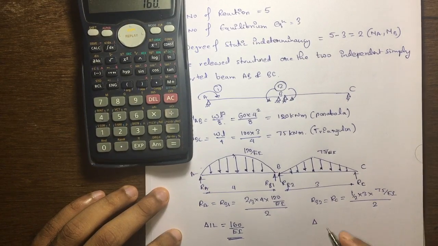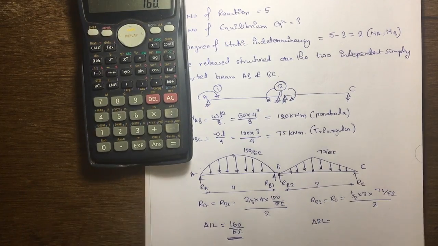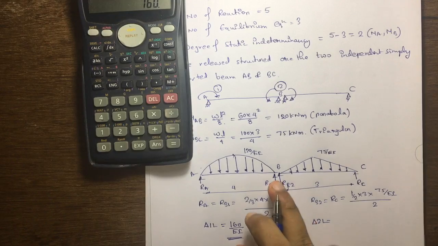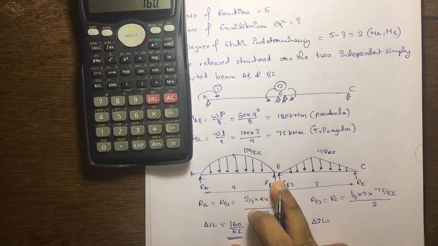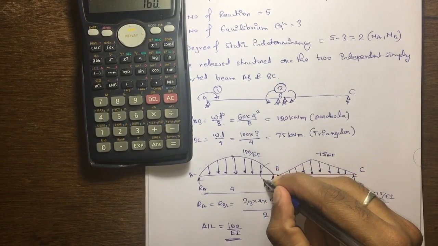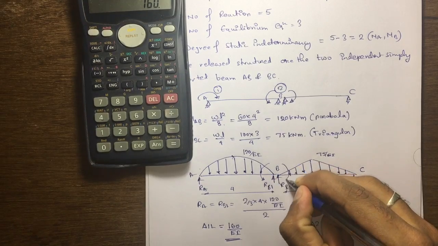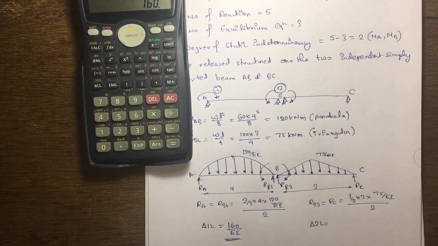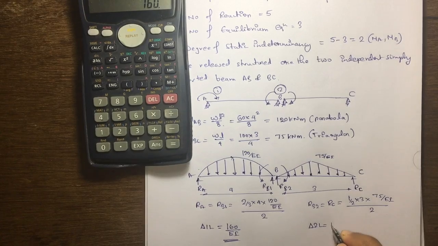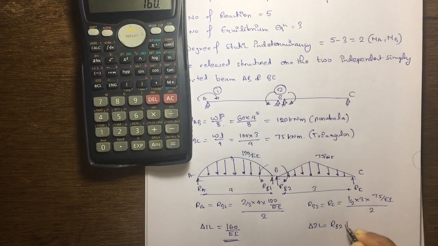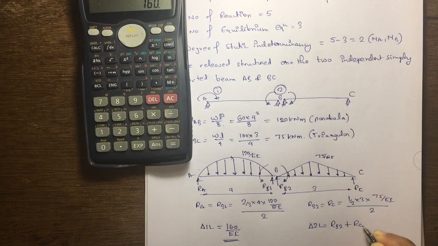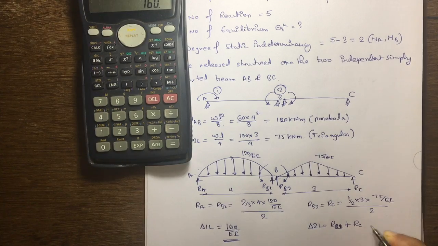Now delta 2L is a combination of this value and this value, that is RB1 plus RB2.